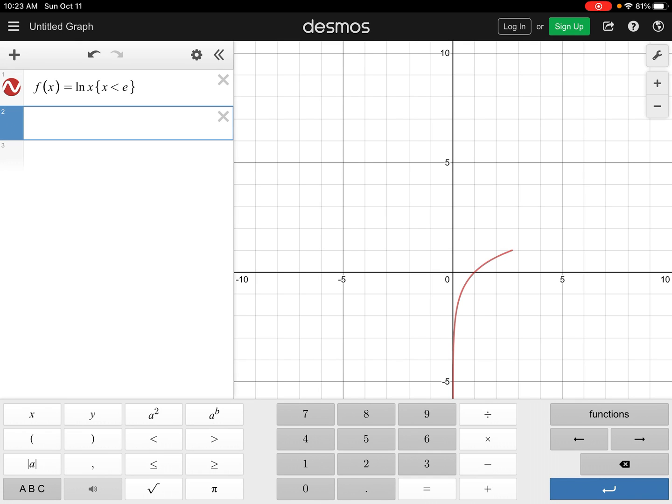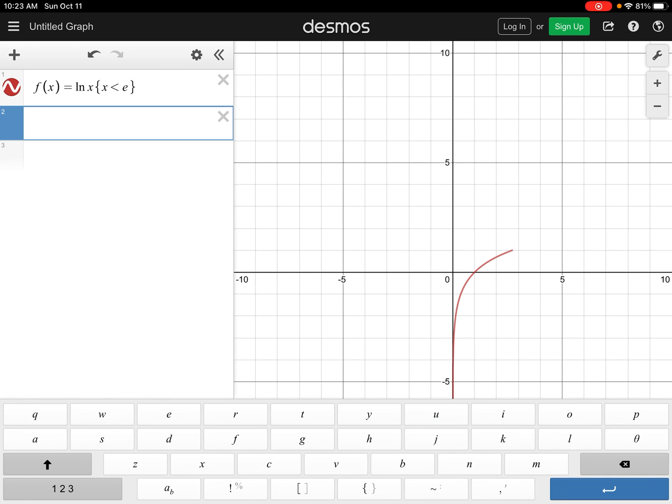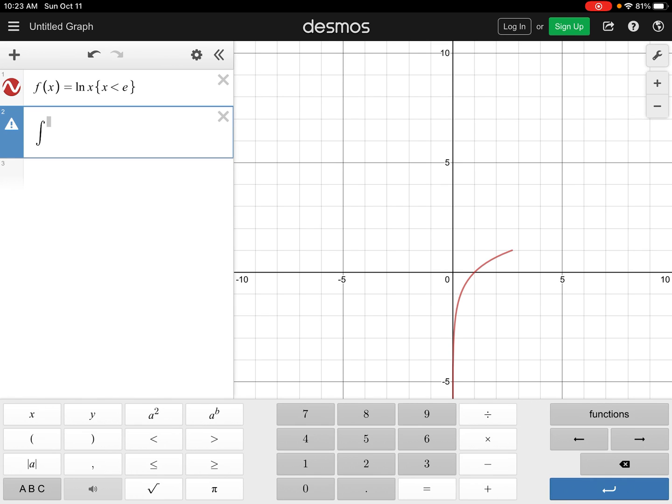Which is very interesting. So we get this graph.